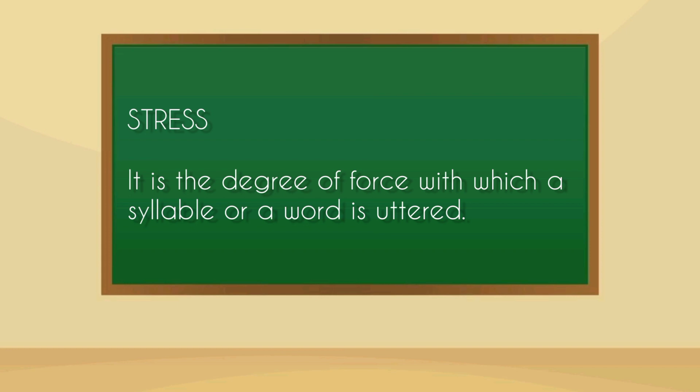So simply put, stress is the emphasis given on a particular syllable of a word. Like for example, the word present and present. When we say present, it refers to a gift. When we say present, it refers to someone performing in front of others, or something that is being shown in front of others. That is what we call stress.